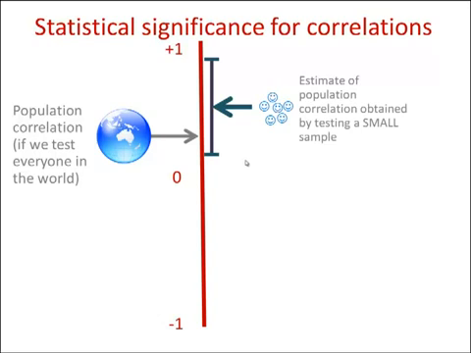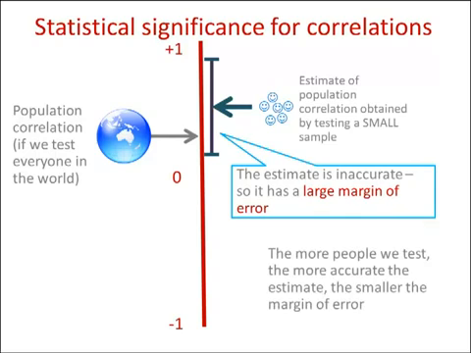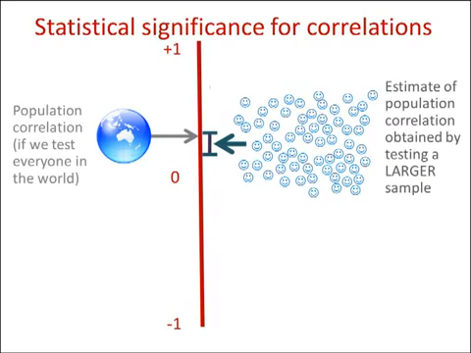That margin of error does include the population correlation, but the estimate itself is fairly inaccurate. Now we start testing a larger number of people. The effect is we get an estimate which is much closer to the population correlation, with a much smaller margin of error, a much smaller confidence interval.